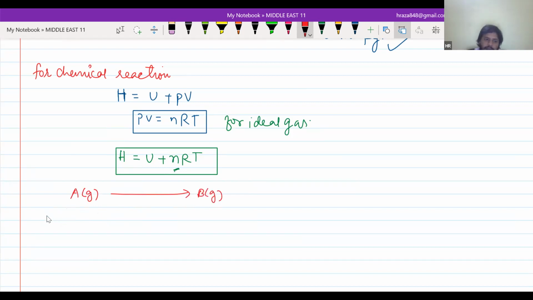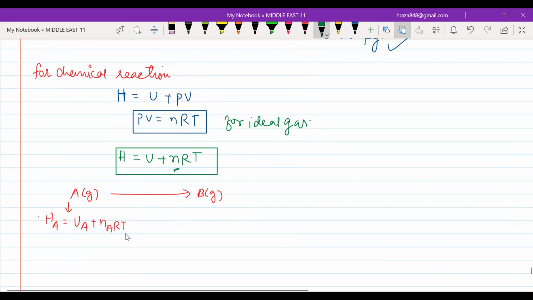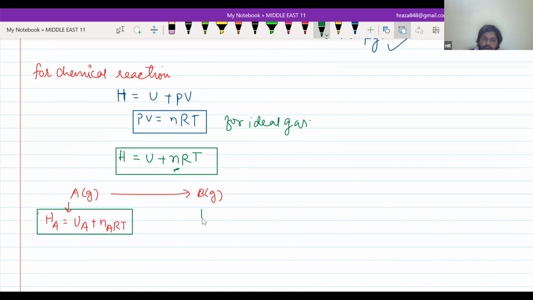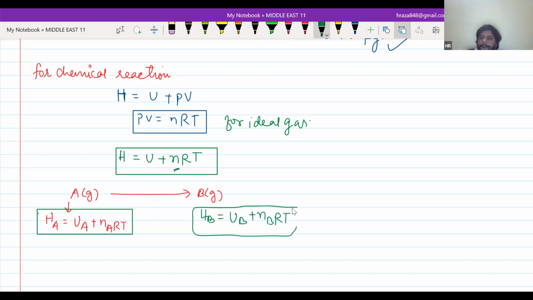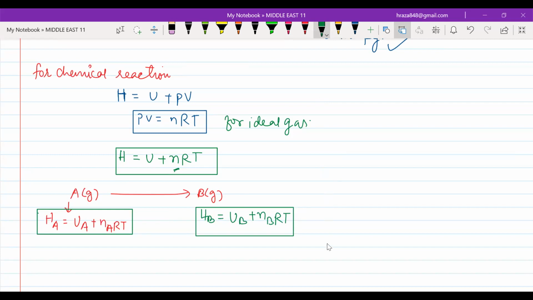Now if I apply the formula to the reactant, HA equals UA plus nA RT. And if you apply the formula for the final state, then it will be HB equals UB plus nB RT, right, Krishna? Yes, sir.